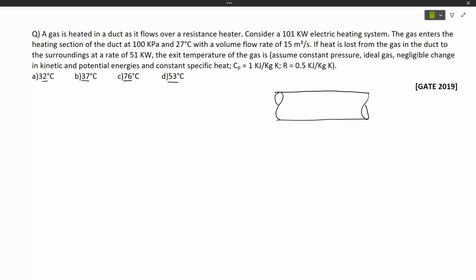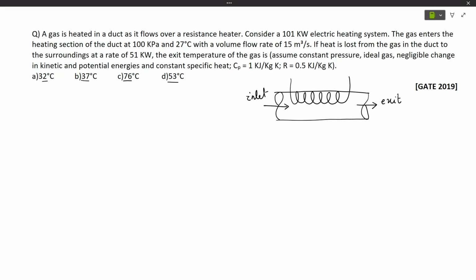With this duct, an electric heater is attached for the heating purpose of the gas. The gas enters this duct from this section known as the inlet section, and the gas after heating leaves the duct from this section known as the exit section.